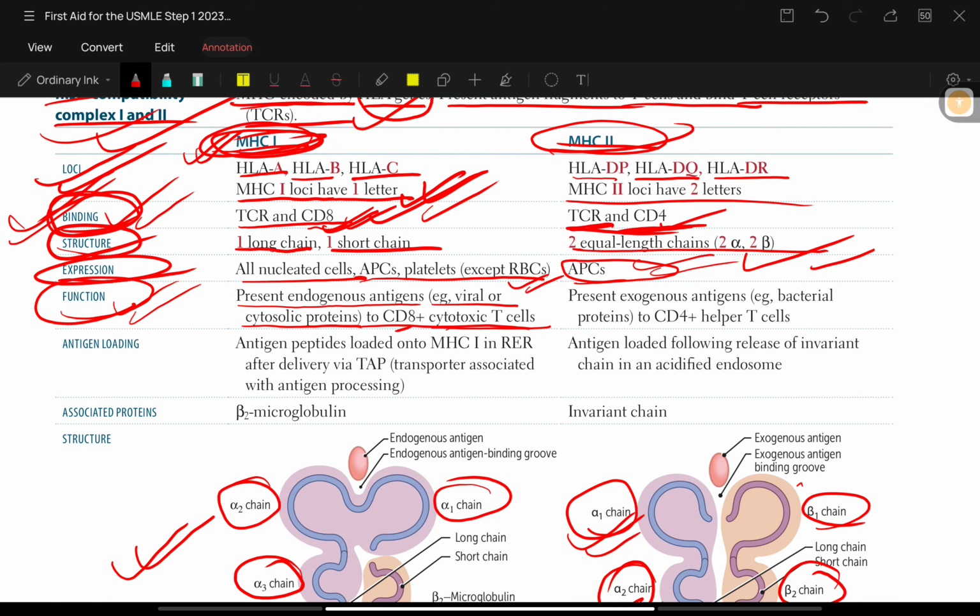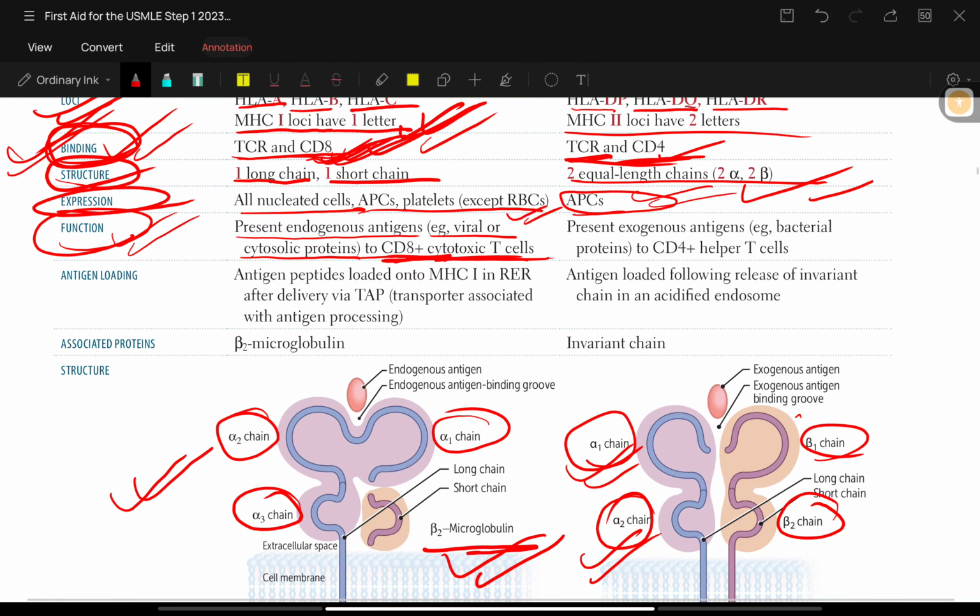As we have already discussed here, MHC class 1 presents endogenous antigens to TCR and CD8. So same thing here, it wants to tell that it is presenting to CD8 positive cytotoxic T cells.